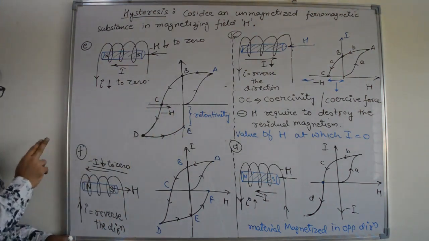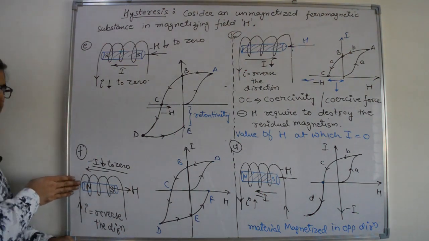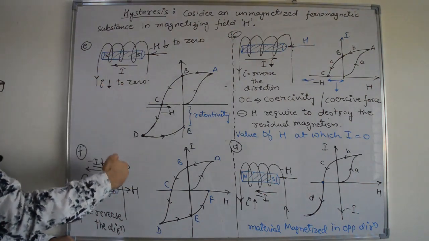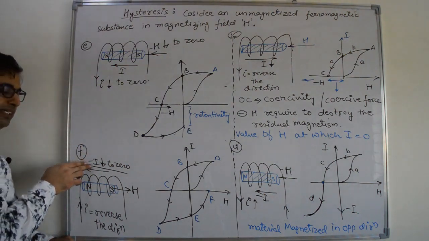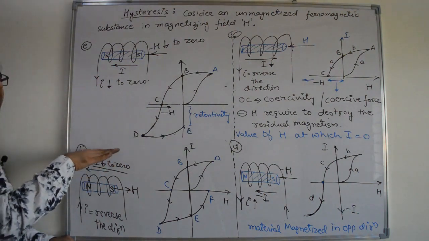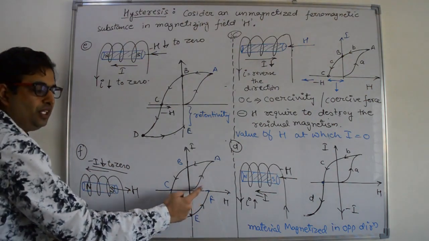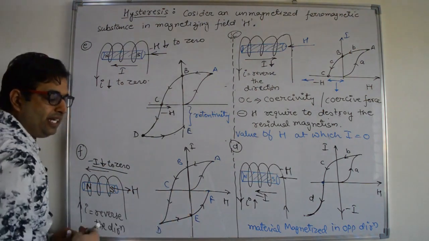In the next step, we are reversing the direction of current. Now the magnetizing field will act in the right direction, and the material was magnetized in the left direction, the negative direction. So the magnetization of the material will start decreasing and the material will finally demagnetize. So the material will demagnetize at this point, right?